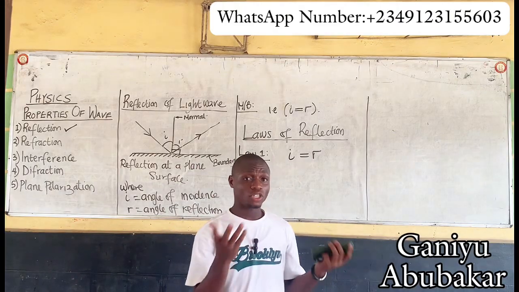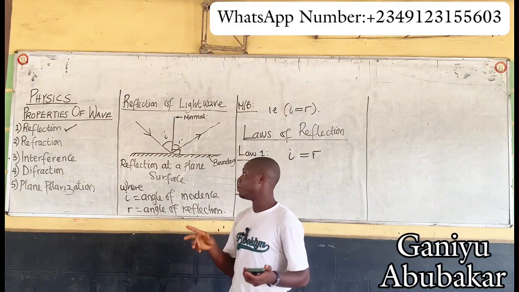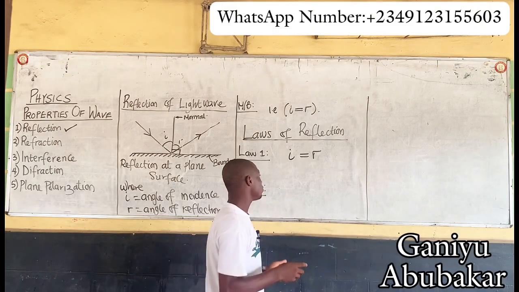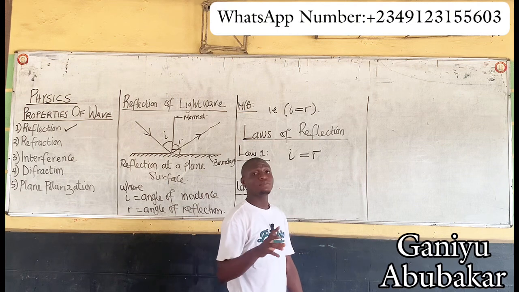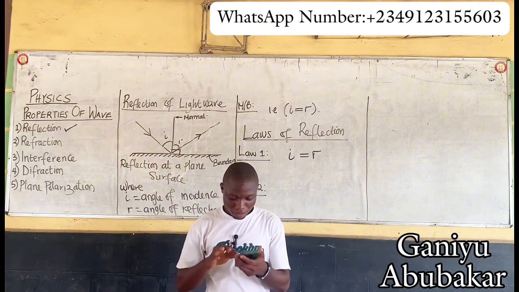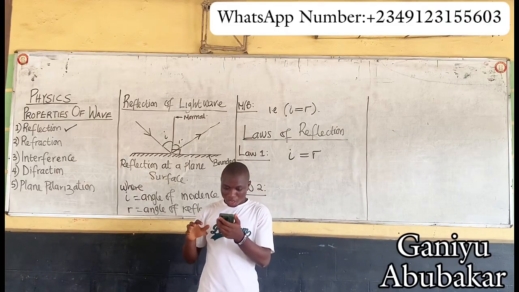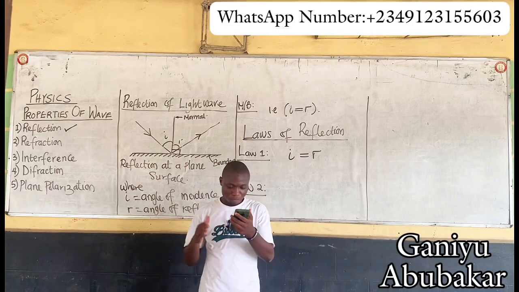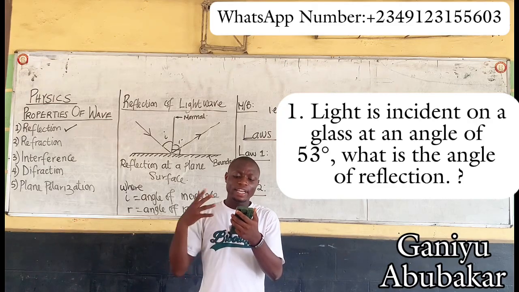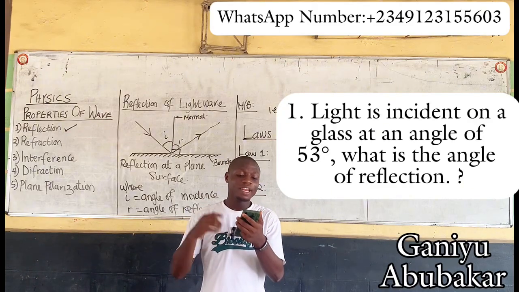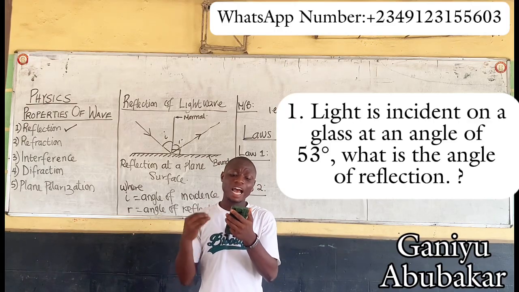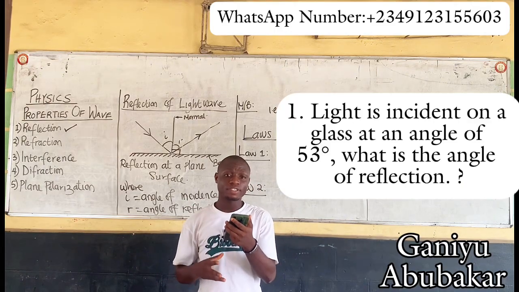At this junction, let's take a few past questions, solve them, and see how you can evaluate problems in the concept of reflection. Step one: light is incident on a glass prism at an angle of 53 degrees.